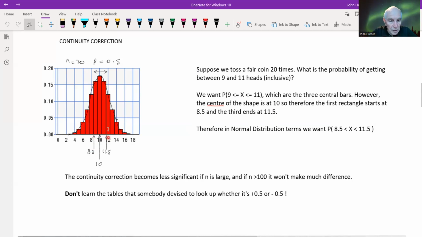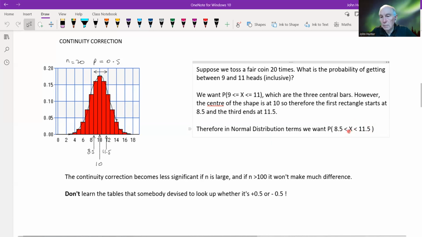Similarly, the one on the right ends at 11.5. So if we map this onto the normal distribution, actually what we want is the probability this random variable falls between 8.5 and 11.5.